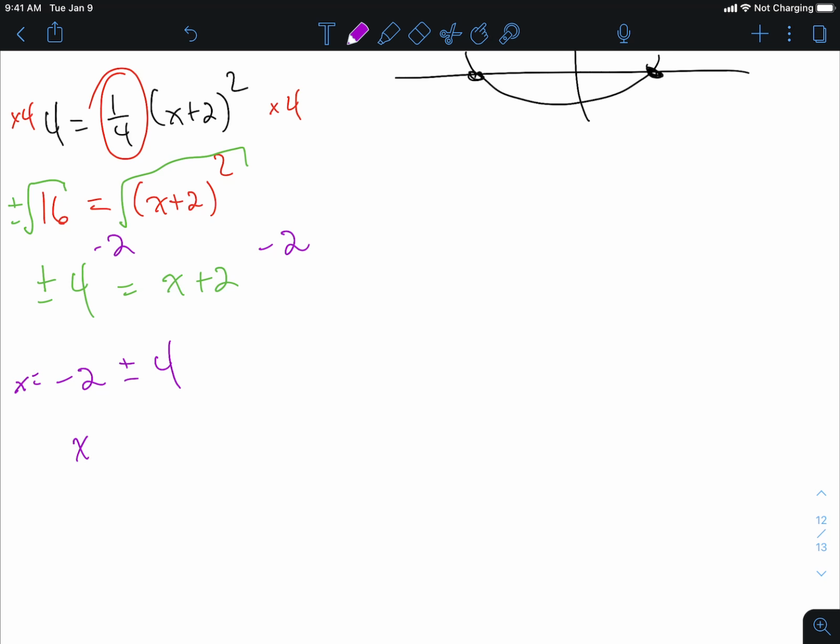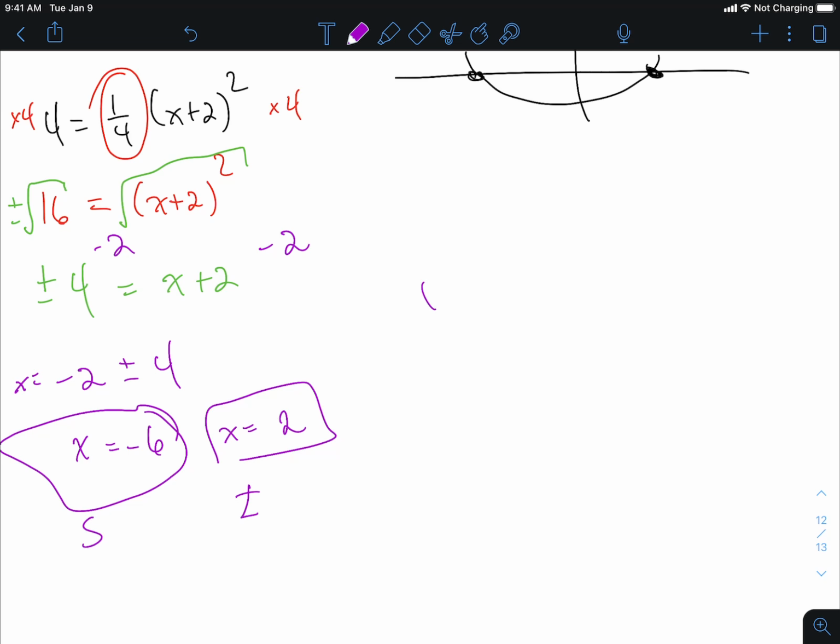These are x equals, don't forget that. x equals negative 6 and x equals 2. So if I were to rewrite these, those are my x-intercepts, s and t. You rewrite it: y equals 1/4 (x minus negative 6)(x minus 2). And then the two negatives make a positive.